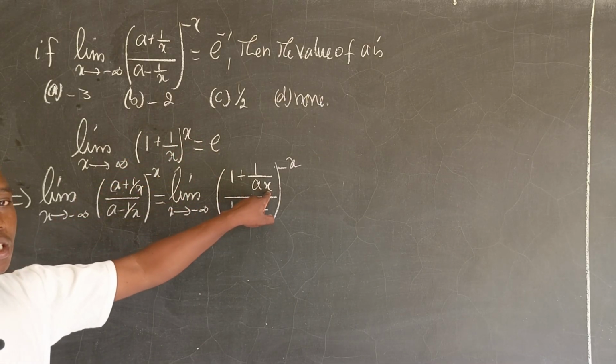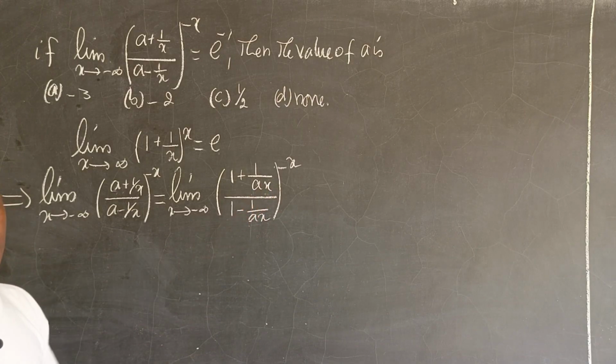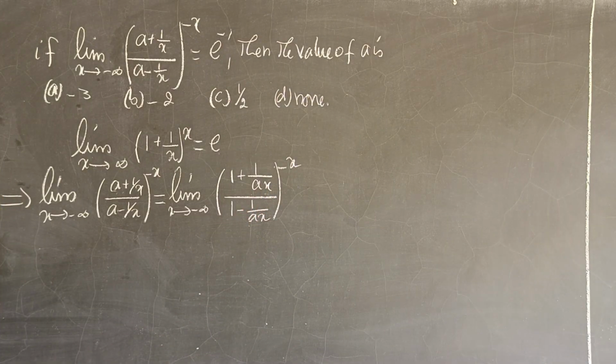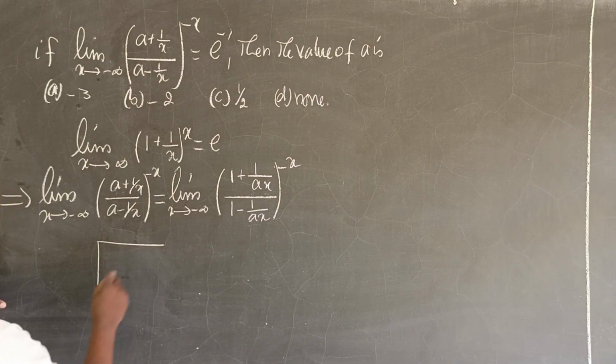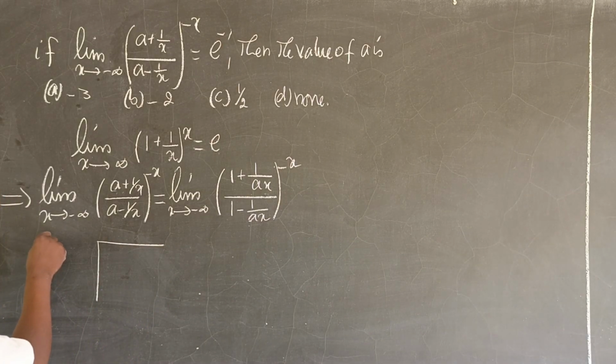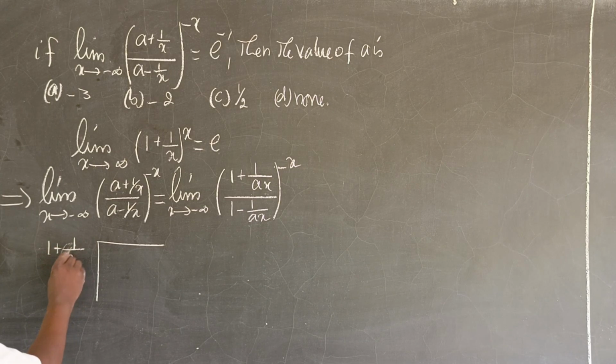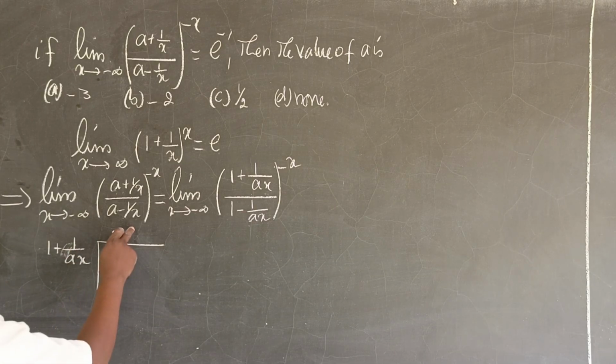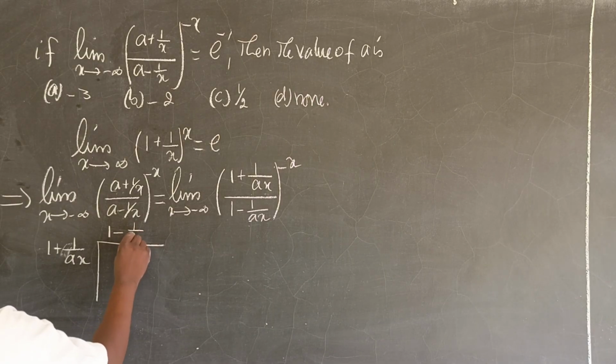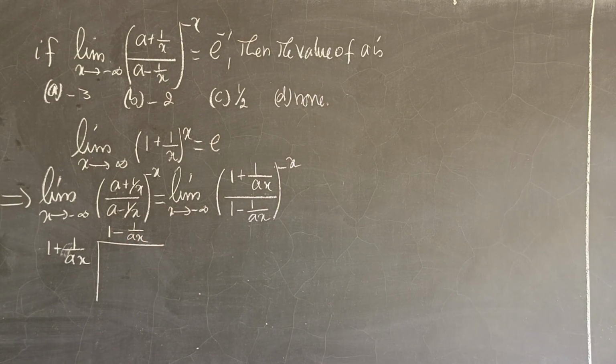How will we do this? Let's do a long division. We have 1 plus 1 over ax divided by 1 minus 1 over ax.